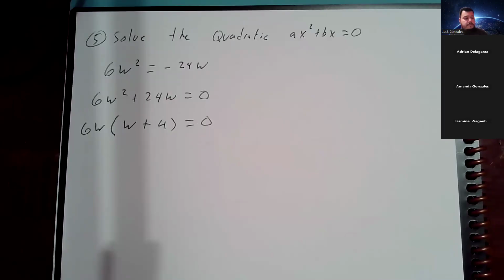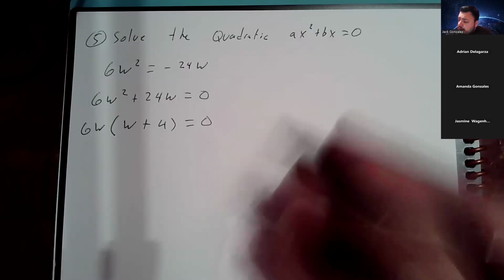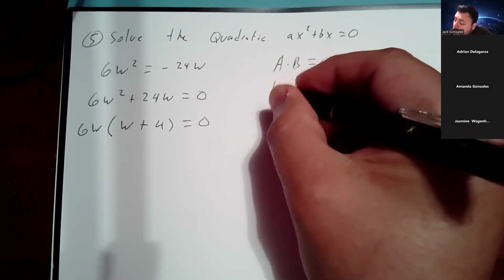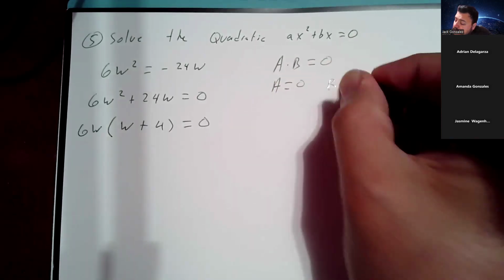So what do we do at this point? Yeah, so we have the zero factor property that says we can do this.